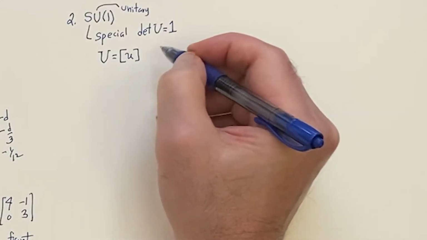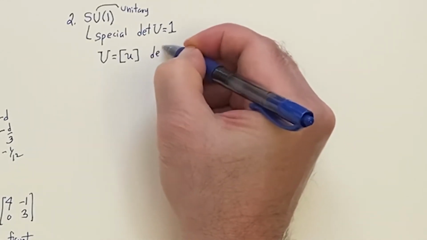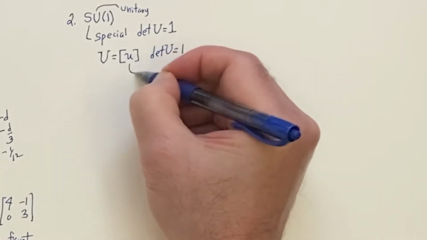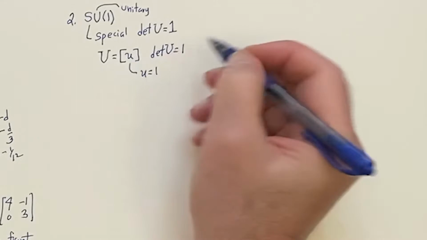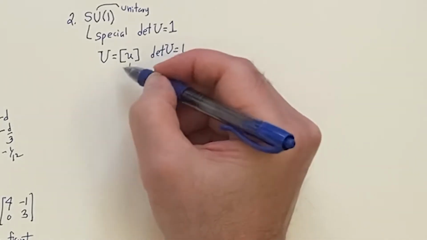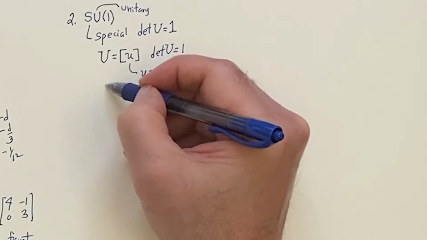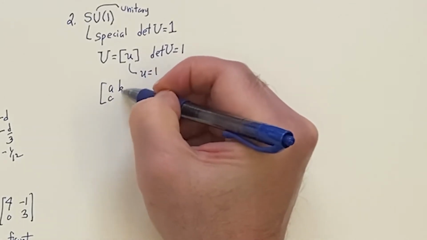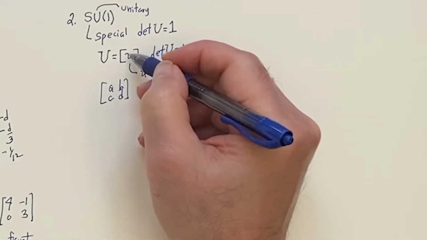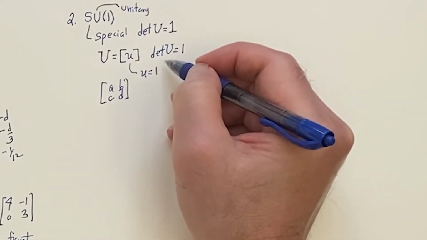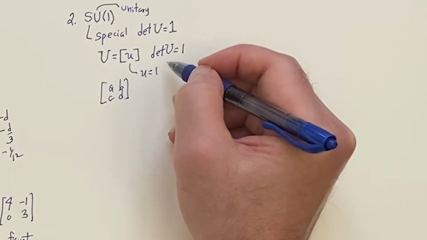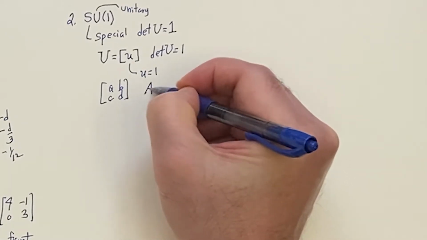And if the determinant of U has to be 1, that means U has to be 1. It's only 1 by 1. So when you do the determinant, remember how we did A times D minus C times B, but there's only just one component, it's 1. So that means for the group SU1, you just have one element.